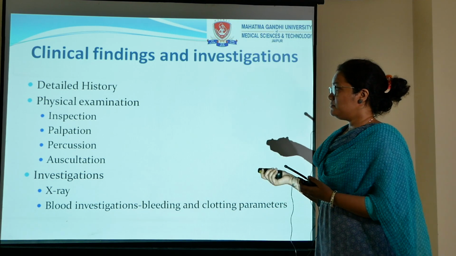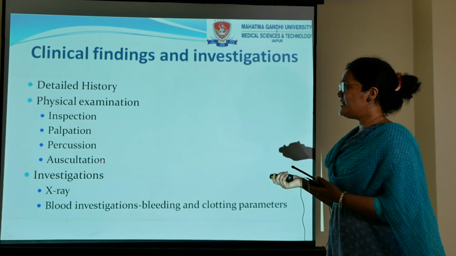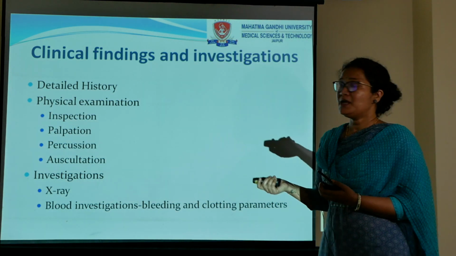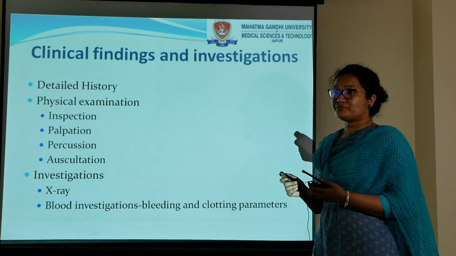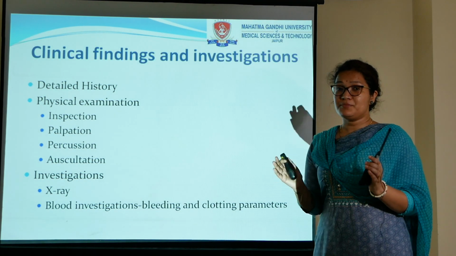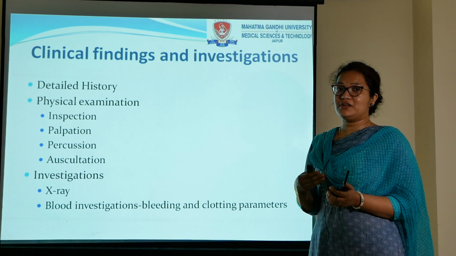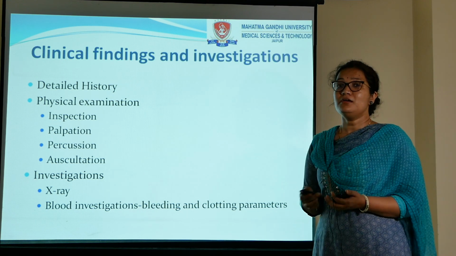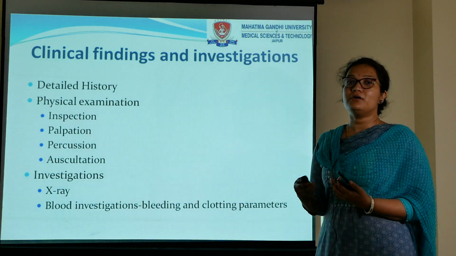In physical examination, these are the four criteria we apply. The first is inspection, that is visual inspection. By inspecting the patient we can see the symmetry of the right and left sides of the chest, the symmetry of the muscles that are moving, and the movement of the diaphragm.